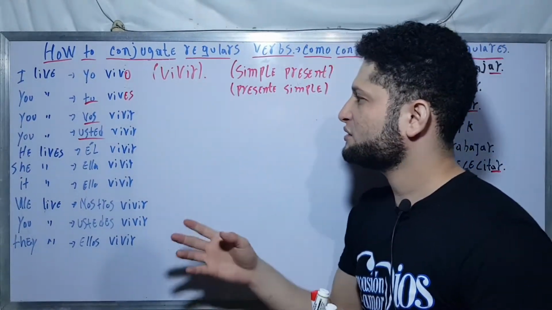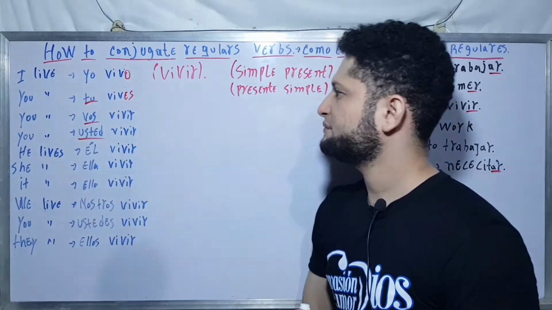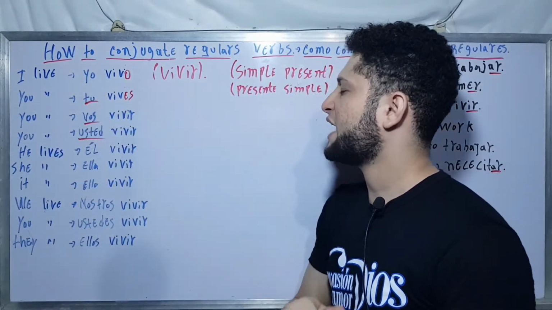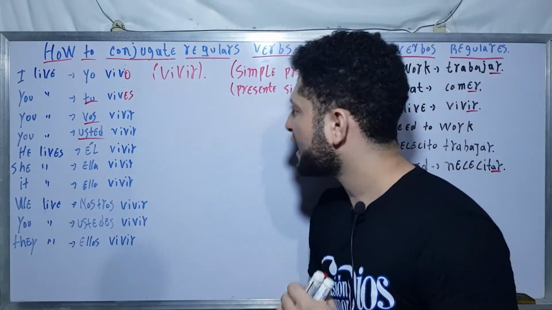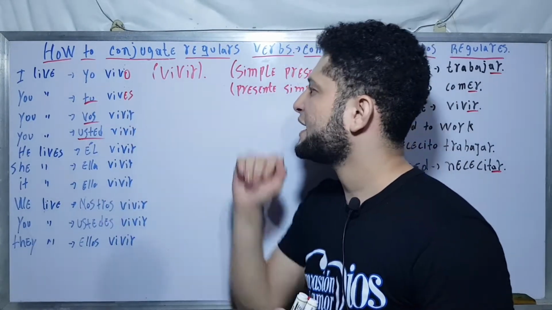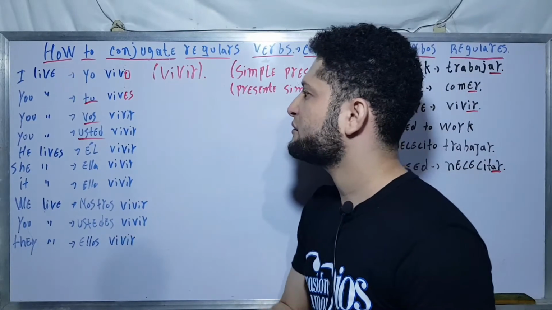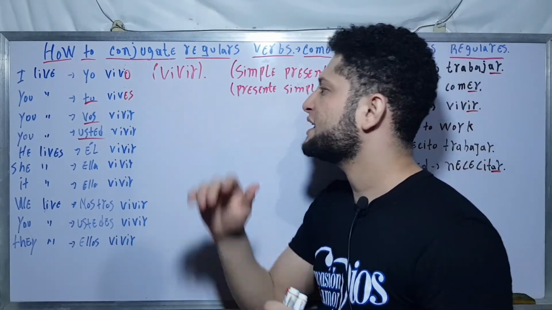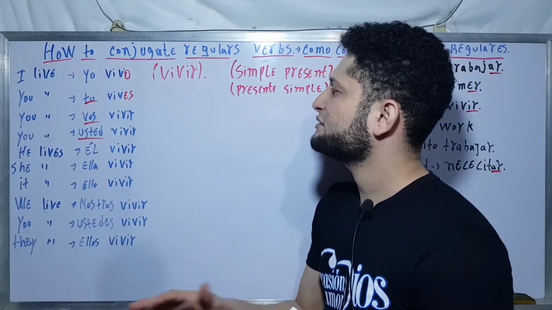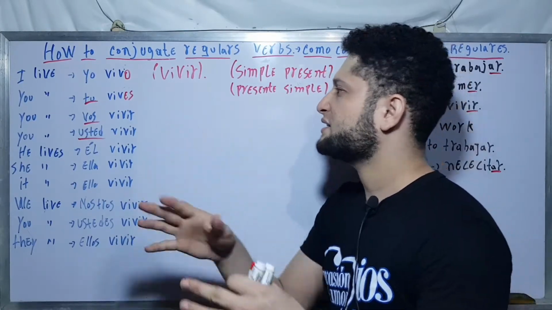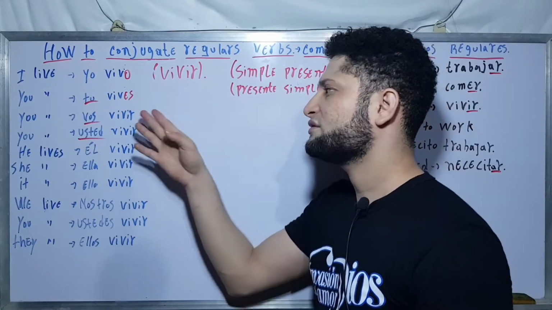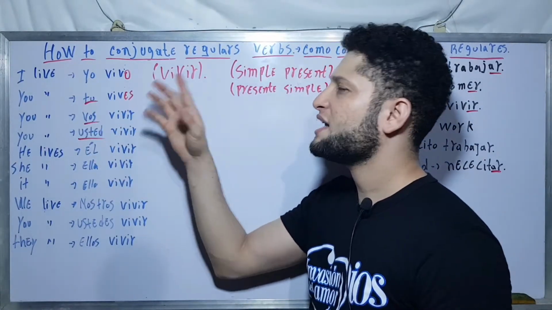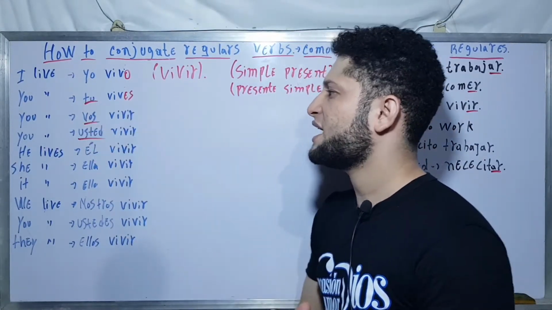In our previous one, we just deleted the last letter, R, and added S. So in this case it's both of them. Tú vives, ES.